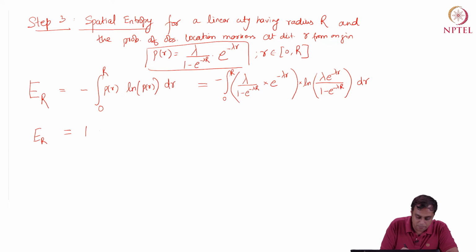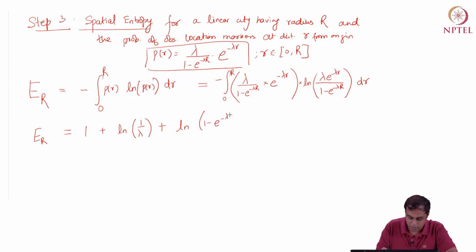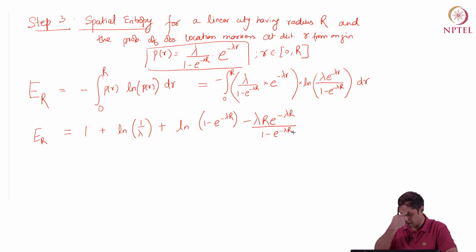It is 1 plus log 1 over lambda plus log of 1 minus e to the power minus lambda R minus lambda R e to the power minus lambda R over 1 minus e to the power minus lambda R. Now, pay attention to these components with a little bit of caution.